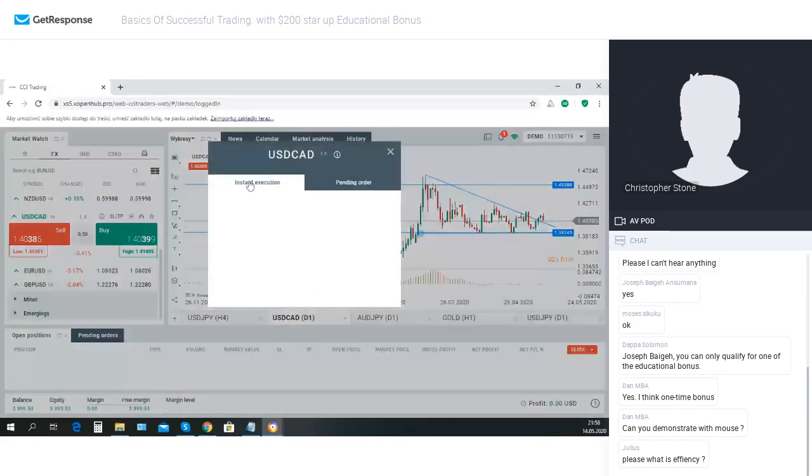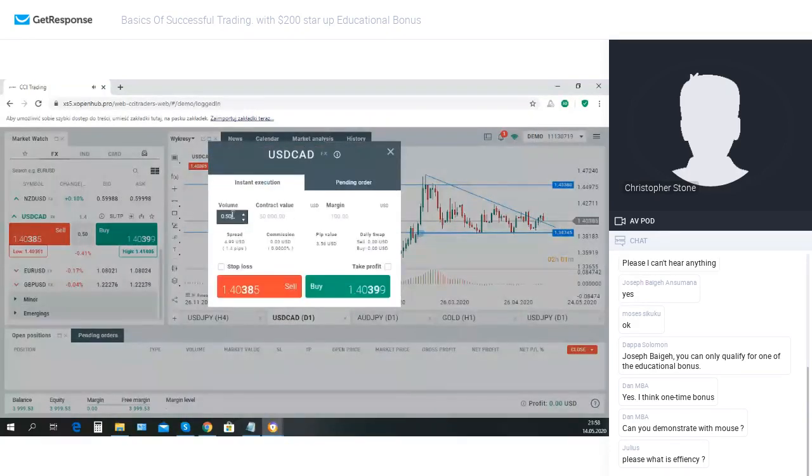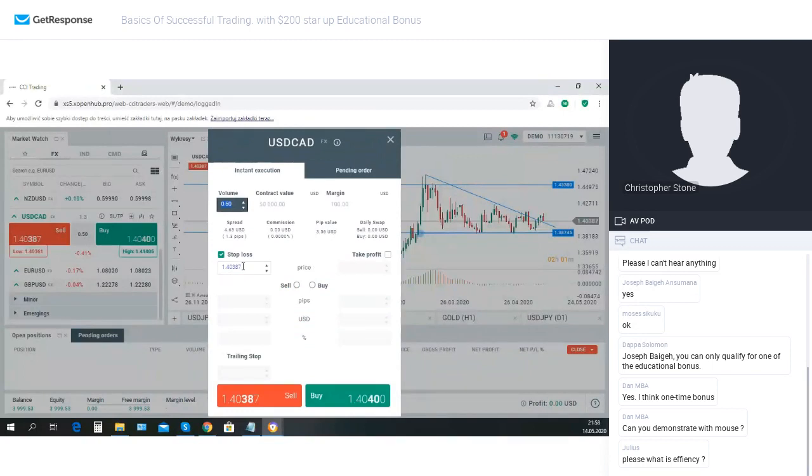Okay, open tickets. And the same thing, stop loss and take profit. Stop loss 1.3875. We are seeing that it's quite a lot, right? We said in our example $100, right?